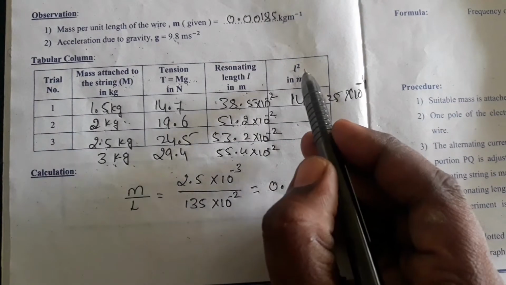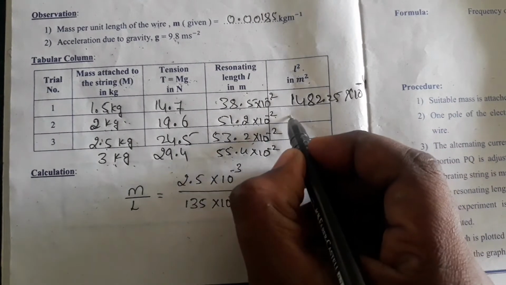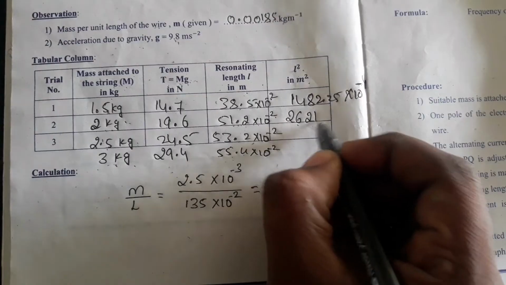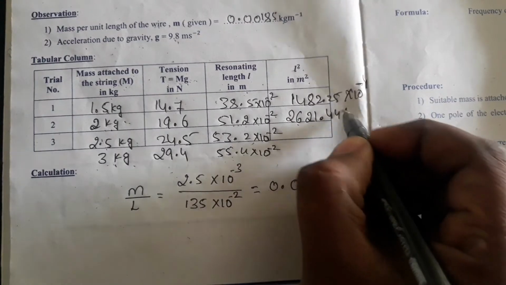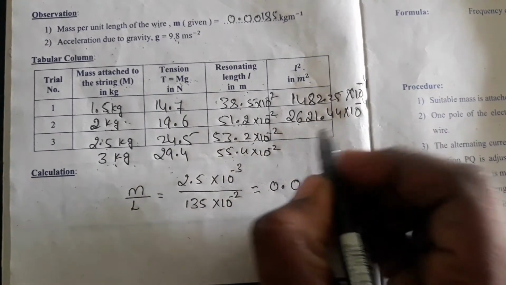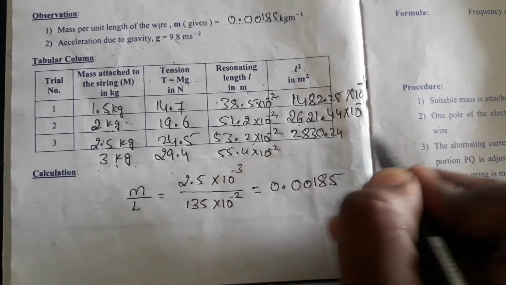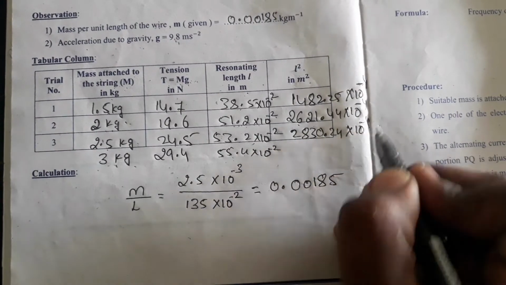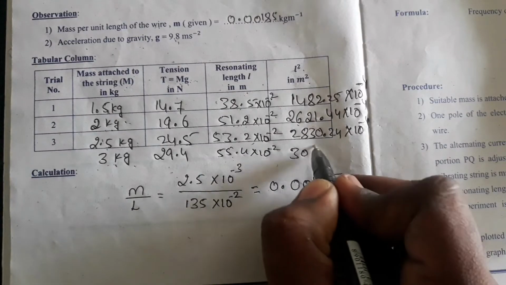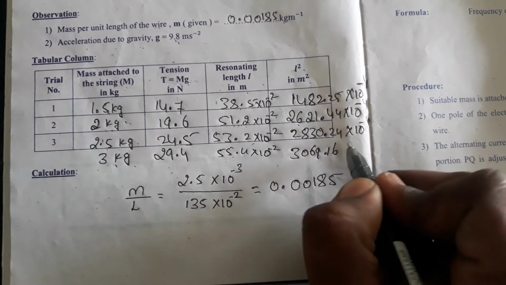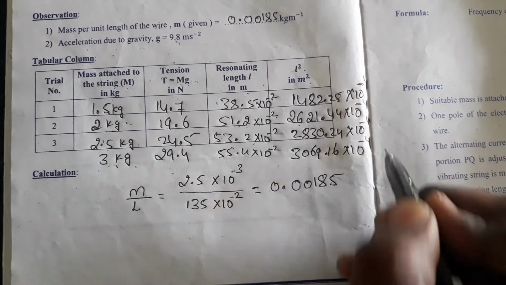Here minus 2 is there; if I square, minus 4. Next, 2621.44 into 10 to the power of minus 4. Next, 2830.24 into 10 to the power of minus 4. Next, 3069.16 into 10 to the power of minus 4.